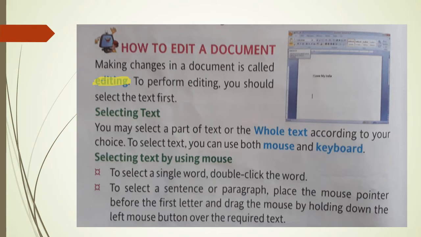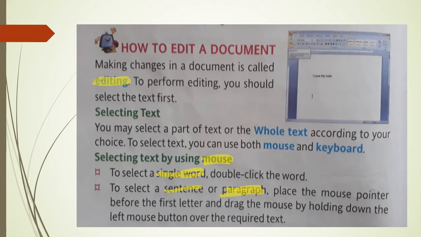Just see how we are going to select our text by using the mouse. First of all, to select a single word, double click the word. Then to select a sentence or paragraph, place the mouse pointer before the first letter.